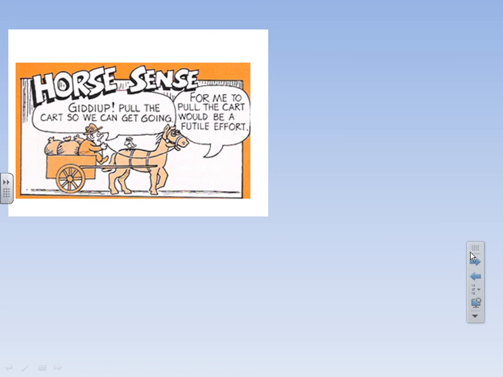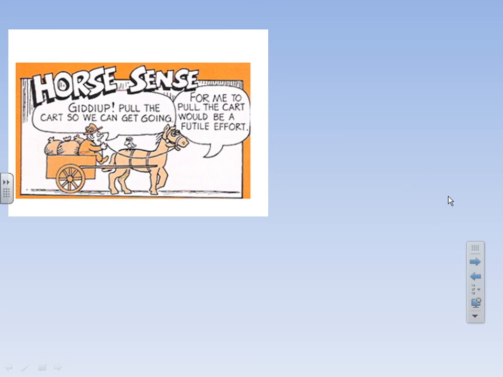Because static friction matched our push, and that made our net force equal to what? Zero, which we call equilibrium. And when things are in equilibrium, what do they do? Remain at a constant velocity, whatever they were doing before.